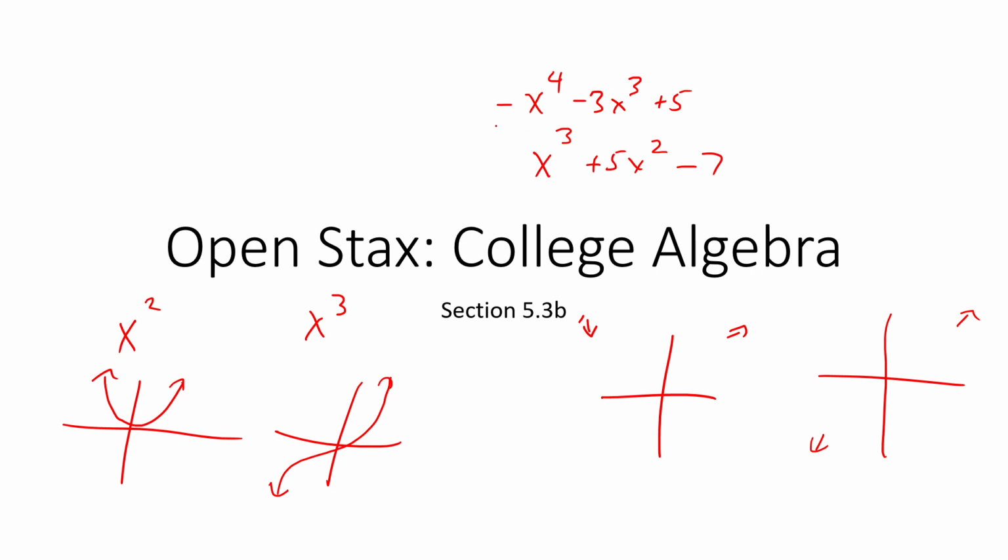So it follows the pattern we know, but the negative has turned it upside down, and so I'm going from down here to over here. And then the same with an odd. If it's odd and has a negative in front, that turns this upside down. Normally it goes from bottom left to top right, but if it's upside down, it's going to start in the top left and end up down here.